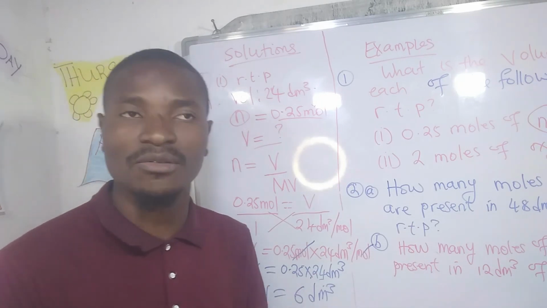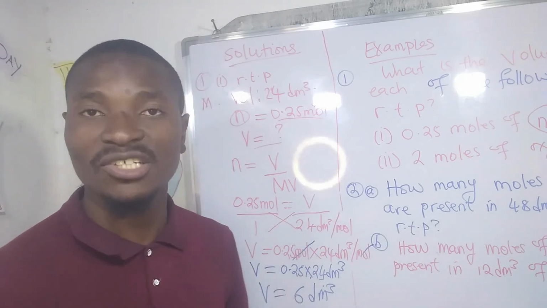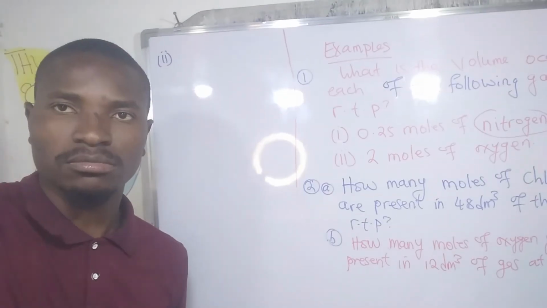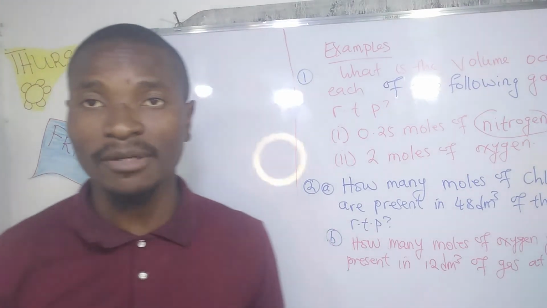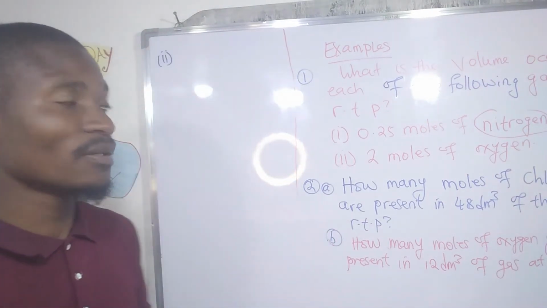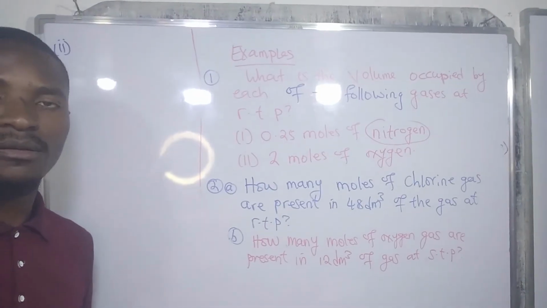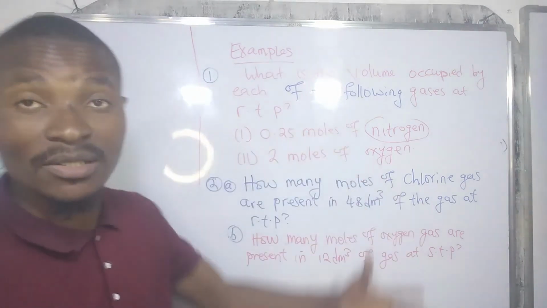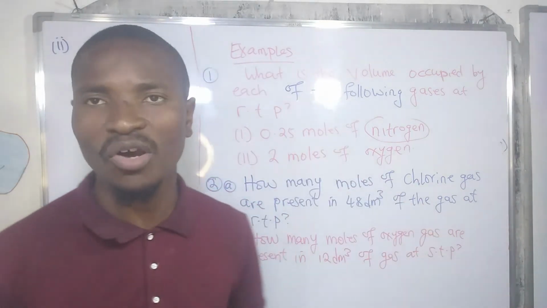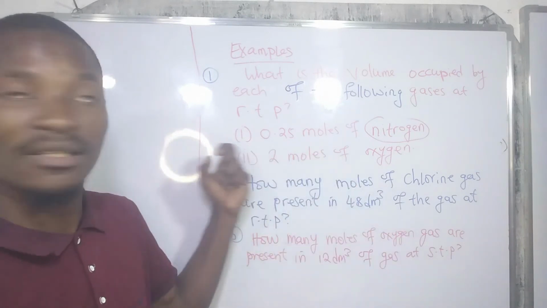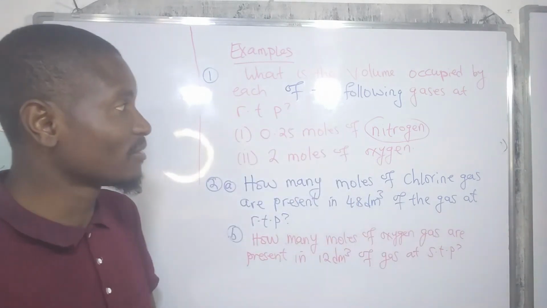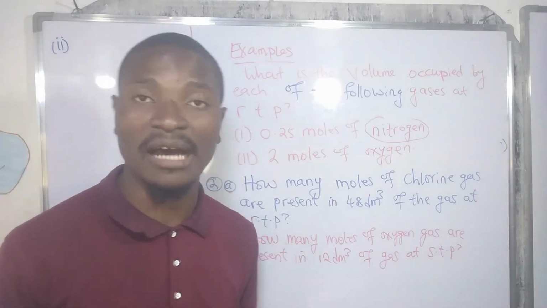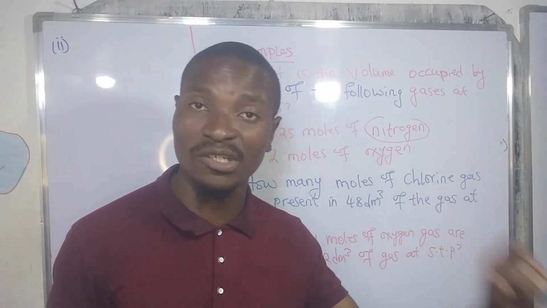We are going to use still the same formula, all we change now is the numbers. What do you know about the second one? We've been given oxygen, and the oxygen has 2 moles, and the conditions are r.t.p, and at r.t.p we know that the molar volume is 24 cubic decimeter.